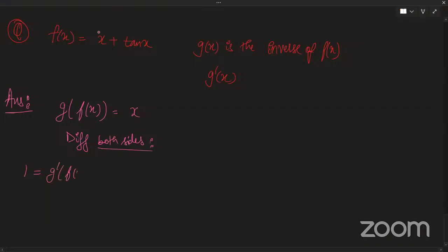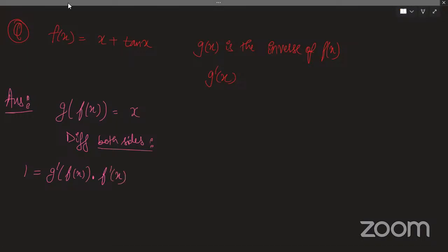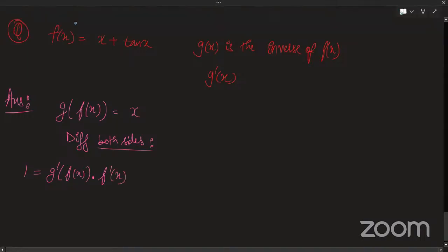Okay, great. Multiplied by what is the next term? f dash x. Great, f dash x. Right? Chain rule, basic chain rule. So my value of g dash of f of x is equal to 1 by f dash x.